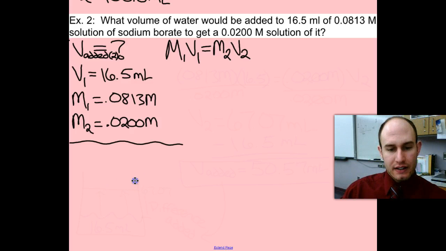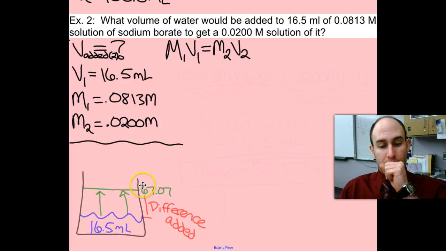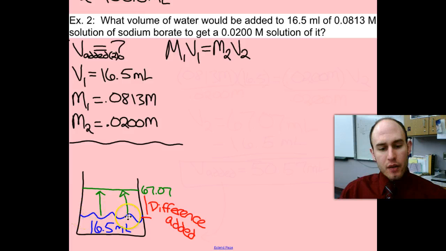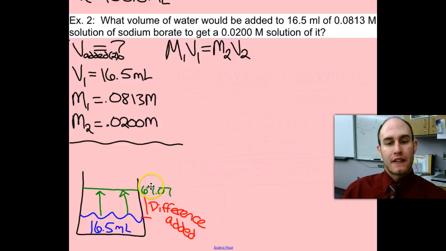So what I kind of did here was, let's think about this. I have a beaker. It has 16.5 milliliters of water, and that's initially. I'm going to add some water to it, right, to get it up to a new amount. That's your final volume that we're going to find. We actually need to find the difference here to determine how much we actually added. So let's see how we got this 67.07 value.